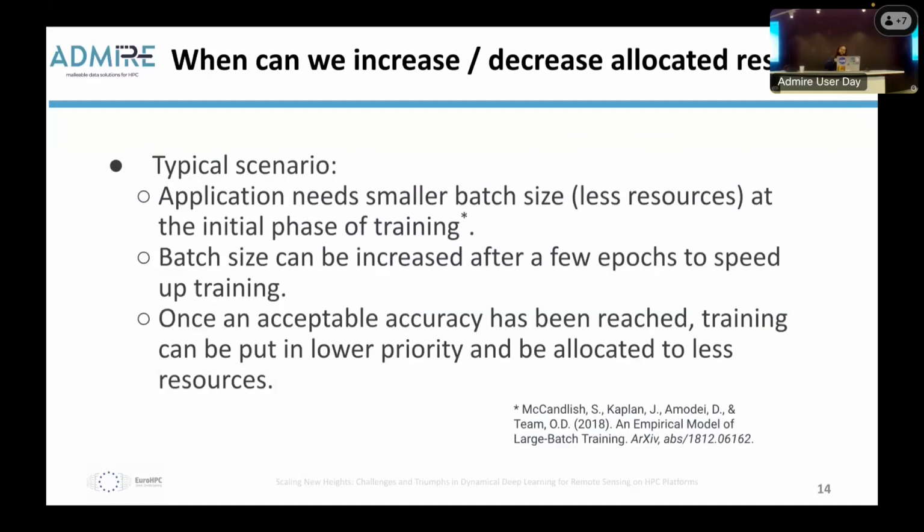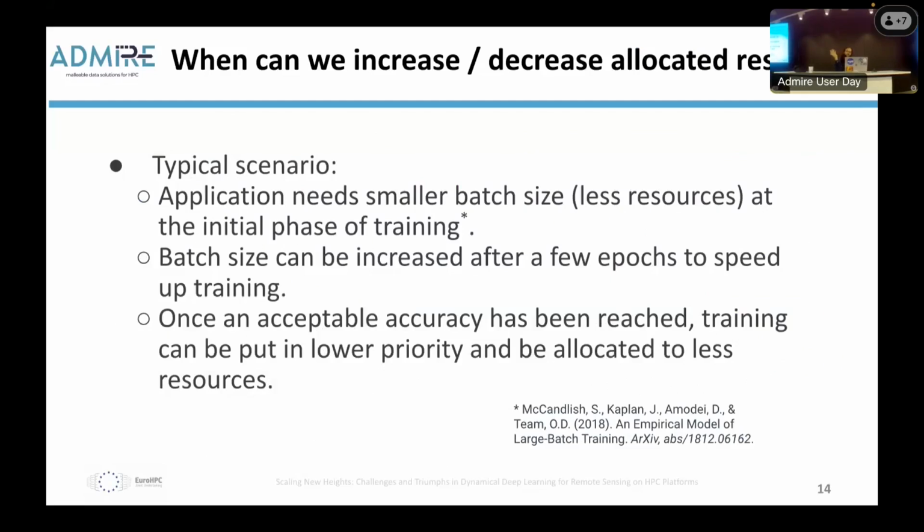But then the problem is also that the optimal batch size depends on the phase, on the stage of the training in which we are. For example, it has been empirically observed that at the beginning of training it's better to have smaller batch sizes.